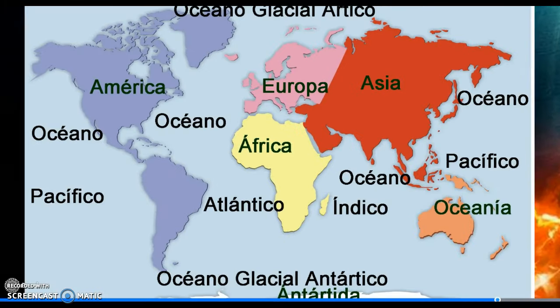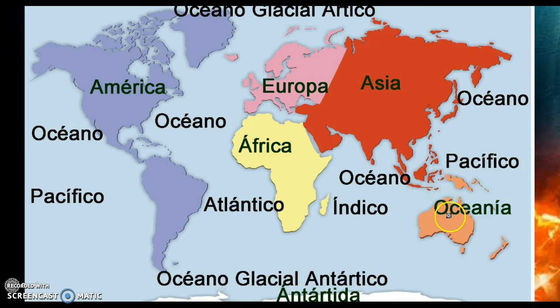We have to take into consideration that the part of the crust composed of lands that are above sea level is divided into 5 continents. The most important and the biggest one is Asia. The second biggest one is America. The next is Africa. Next, Europe. And the last one, which is the smallest, is Oceania.